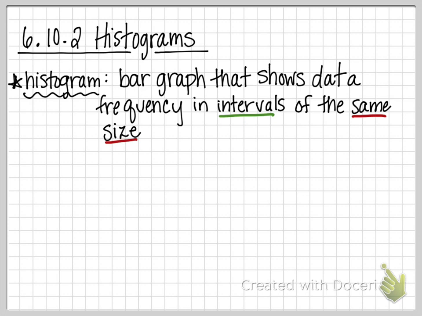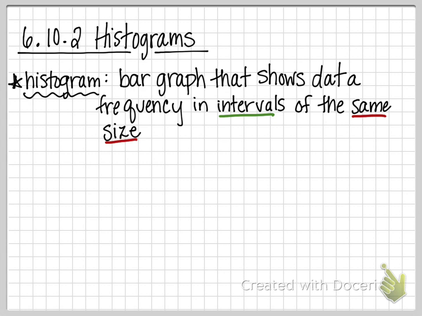So a histogram is a type of bar graph, so it displays the data in bars, basically, that shows data frequency in intervals of the same size. So in a histogram, along the bottom, each bar is going to represent an interval of data.